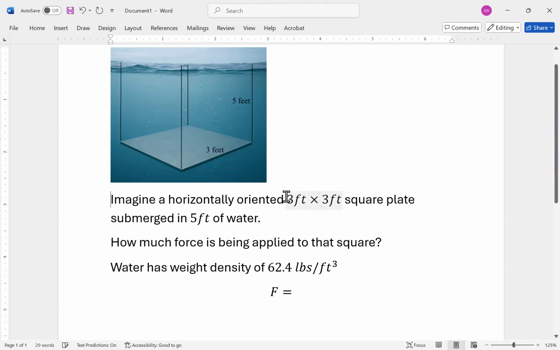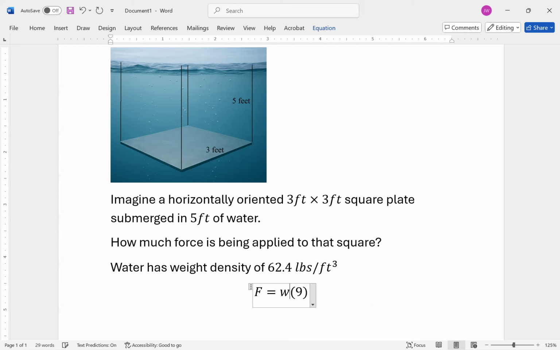So let's do those calculations. Here we have our horizontally oriented 3 by 3 square plate submerged in 5 feet of water. It is horizontal, so it's flat. How much force is being applied to that square? Force is equal to pressure times area. Area is 3 feet by 3 feet, so that's 9 square feet. Pressure is going to be the weight density of water, in this case, times the depth of the water.